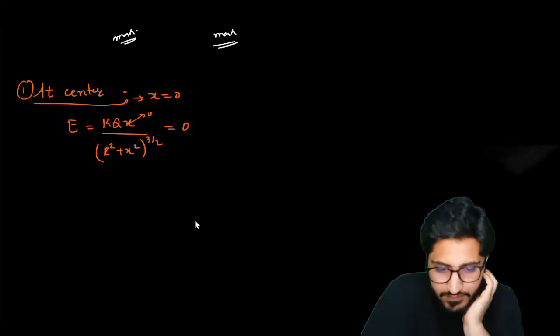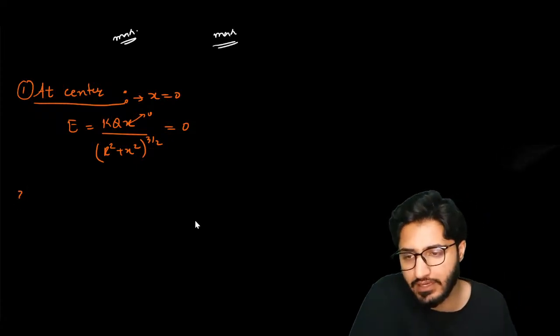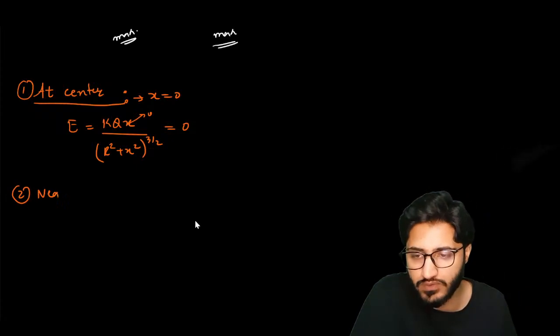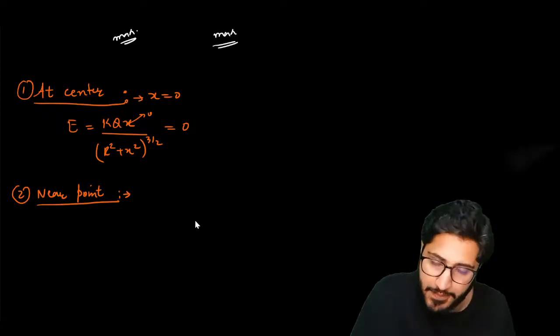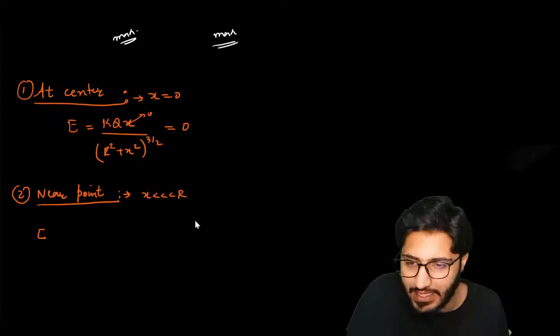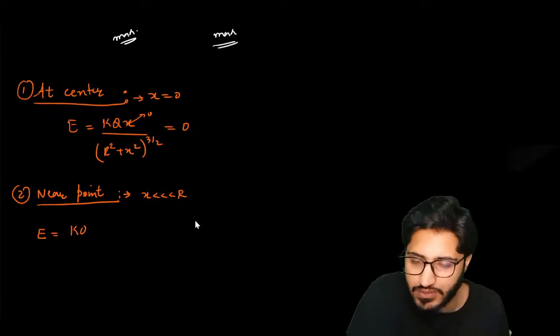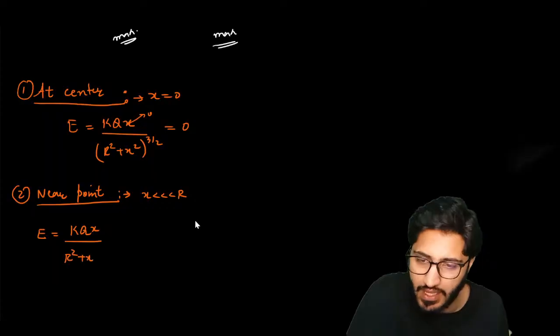Second point is my near point. Near point simply indicates that my x is very less than r. So I can write E is equal to kqx whole divided by (r square plus x square) to the power 3 by 2.